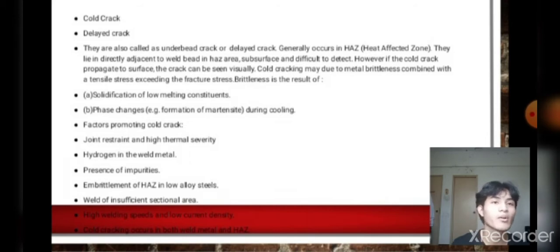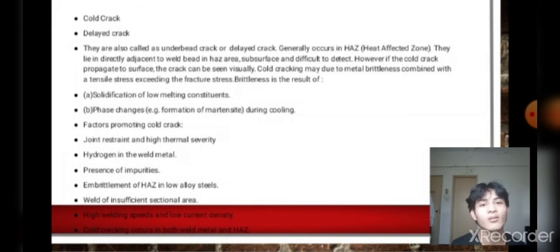Cold cracking may occur in metal with restraint combined with tensile stress exceeding the fracture stress. Restraint is the result of a solidification of low melting constituents, and phase changes, for example formation of martensite during cooling.